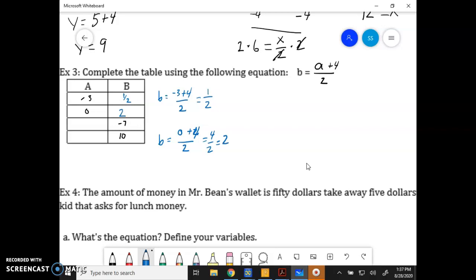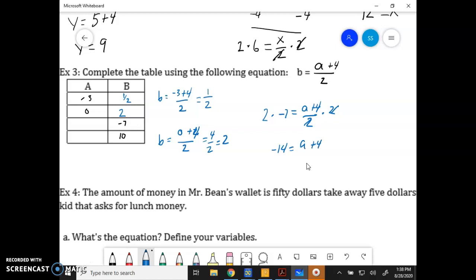Now we're going to plug in -7 and 10 in for b and figure out what we get for a. So -7 is equal to a plus 4 over 2. The first thing you want to do is get this 2 out of the denominator. So we're going to multiply by 2 on both sides. We cancel this out and get -14 on this side. a plus 4 is equal to -14.